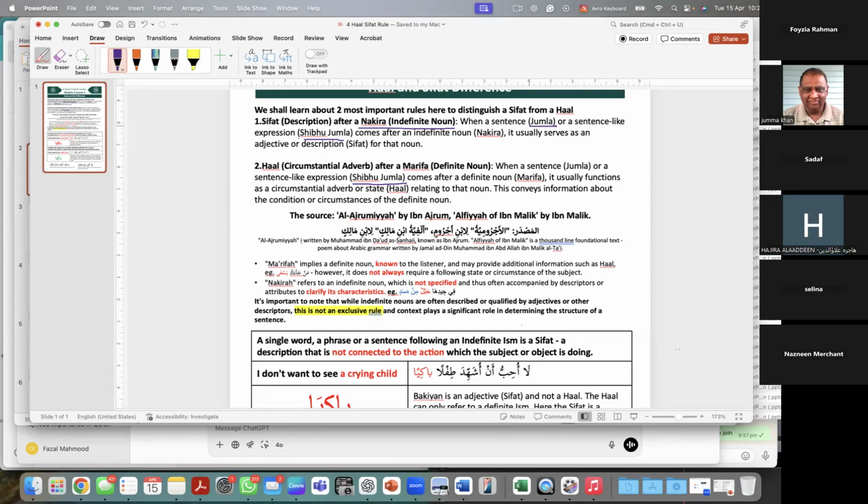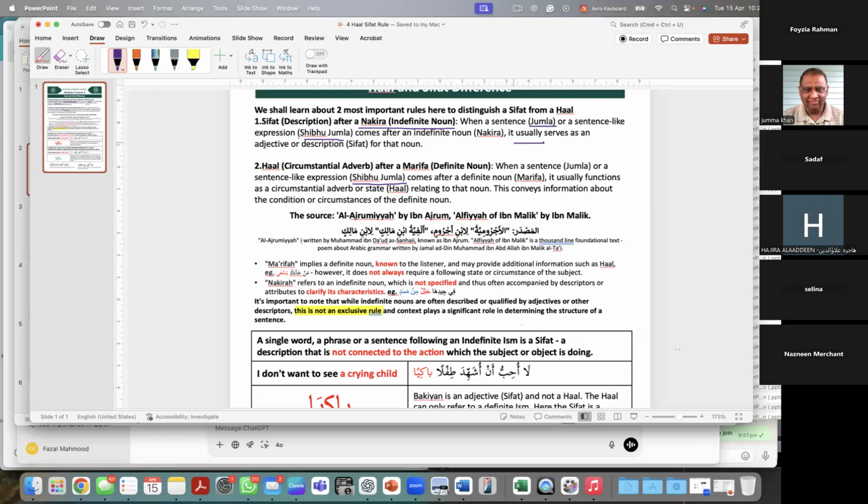So after a nakira ism, if there is a jumla or shibu jumla, usually that will serve as an adjective or description or sifat for that noun. So what is the rule? Can I repeat? If you find a nakira ism, anything coming after that, if they are a shibu jumla or a jumla, that shibu jumla or jumla will be considered as sifat of that ism.